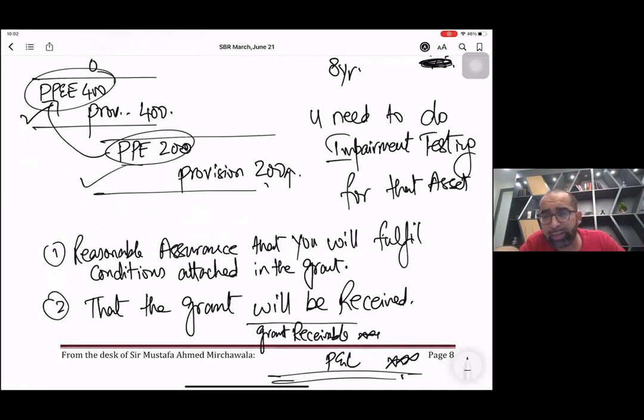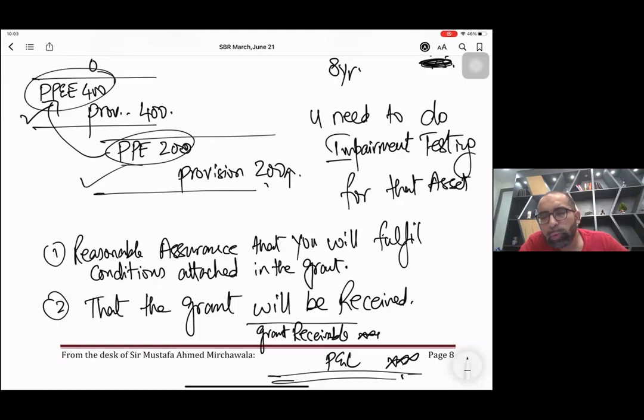Now some intelligent students may ask, sir, when we studied this standard, we made the entry deferred income. We credited deferred income. Yes, even I taught you deferred income. Listen, the reason is we do deferred income when you have to carry on with that asset over the remaining useful life.